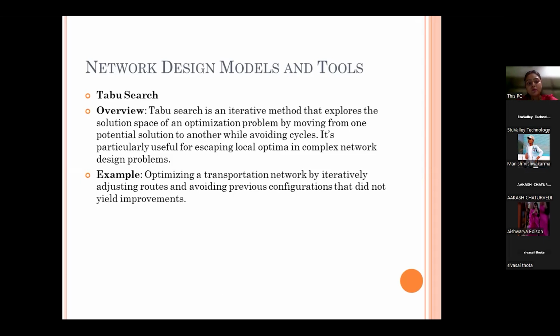So tabu search avoids cycles, because when one algorithm is working in a never-ending loop, we have many cycles, so the complexity increases and the time taken to process the algorithm increases. So tabu search explores the solution space for an optimization problem by moving from one potential solution to another.